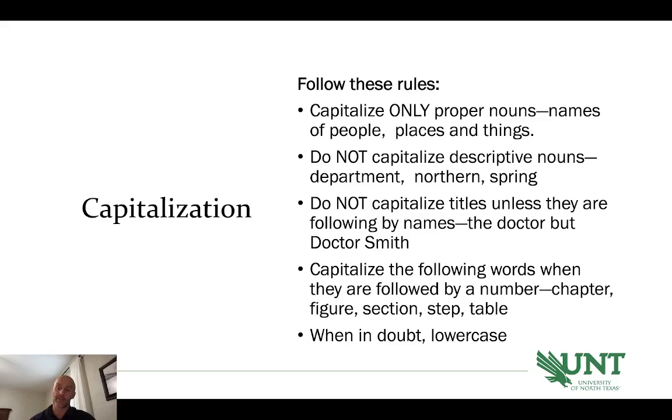You don't want to capitalize descriptive nouns. You don't want to capitalize titles unless they're followed by names. So you would say the doctor, lowercase, but Dr. Smith, uppercase. Capitalize words like chapter, figure, section when they're followed by a number. So if you're saying see figure 1, you capitalize the word figure.